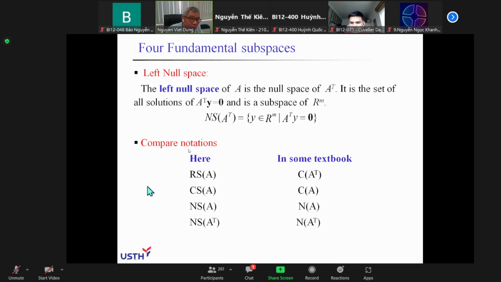For the last one, the left null space of A, we do not use any special notation. We use the same notation as the null space: null space of A transpose, that is the left null space. And on the right hand side, I give you some other notation you can find in other textbooks. You can imagine that different textbooks can use different notation, but I require that in this course we use only this notation.